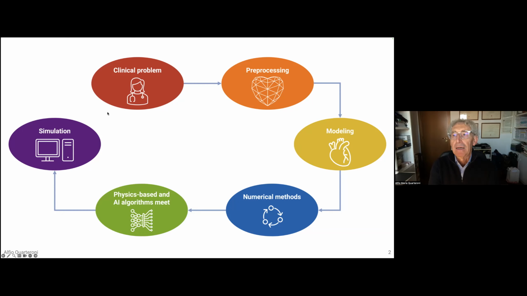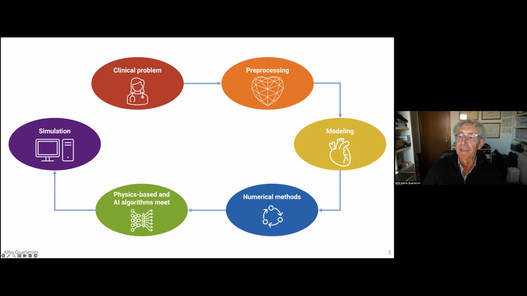This is a picture that tells you how we have been motivated by this research. We want to start from clinical problems and hopefully try to provide answers that are of interest for the medical doctors. And we go through the classical path of applied mathematics. We start with the pre-processing phase, where we try to analyze the data that should be then available for the model.